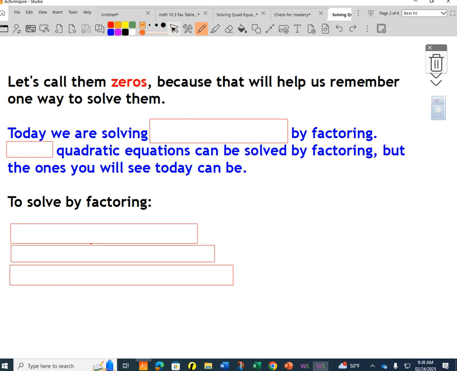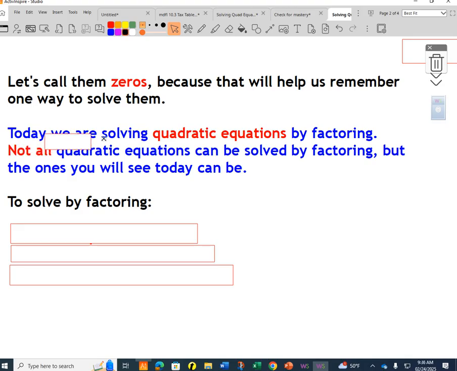So today we are going to be solving quadratic equations by factoring. And not all quadratic equations can be solved by factoring, but the ones we're going to work on today can be. So if you still have your chapter 8 notes, this is where we solved quadratic equations with different strategies depending on which form they were in.